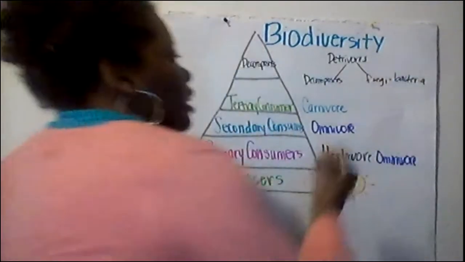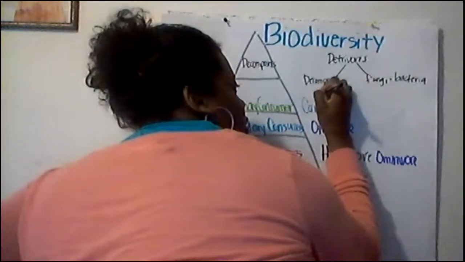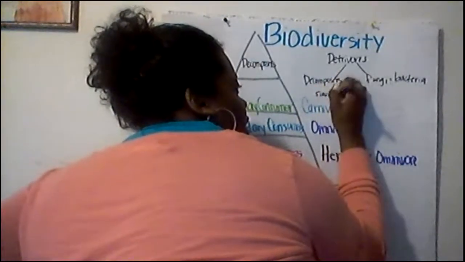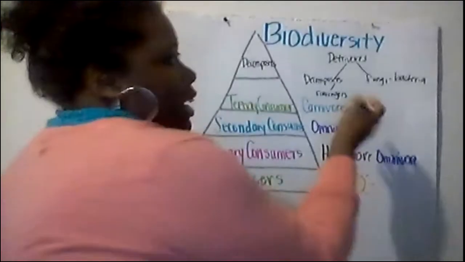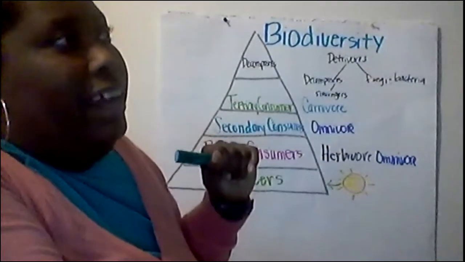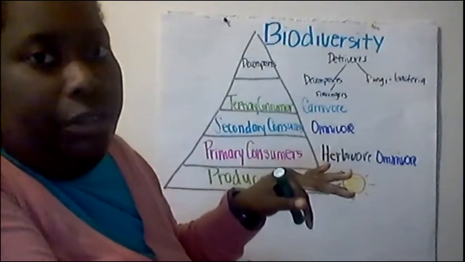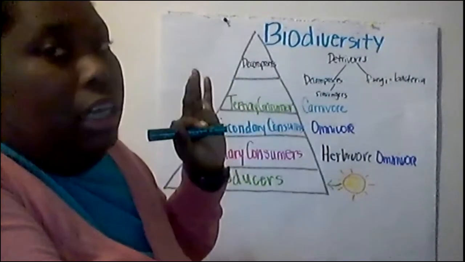Right? And so the decomposers would be the scavengers and any other animal. So here you would have like the mushroom, you would have any type of bacteria that breaks down the dead or decaying matter.